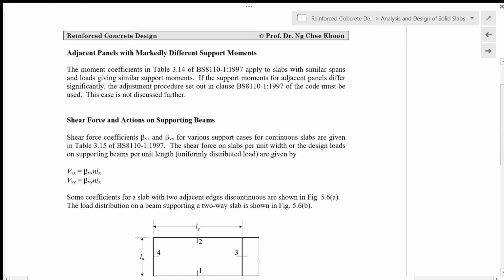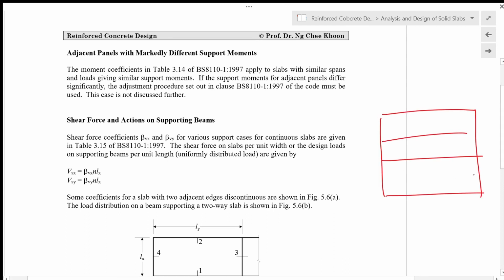So if you have adjacent panels with markedly different support moments, for example you have a slab layout like this, you determine the support moment here from this panel, and it may be different from the moment that you determine from this slab here, where you determine the support moments as well.